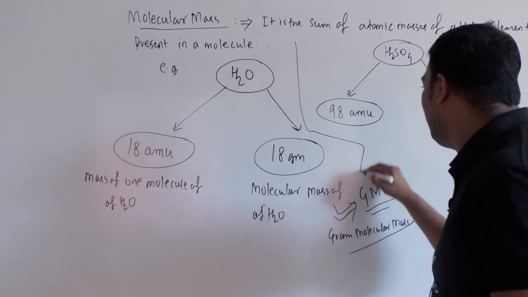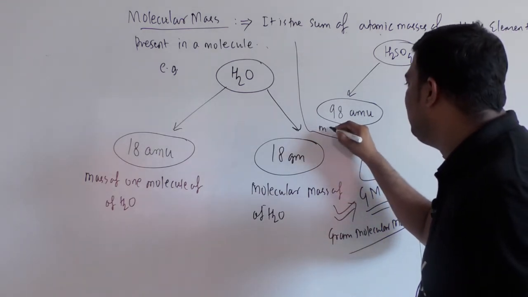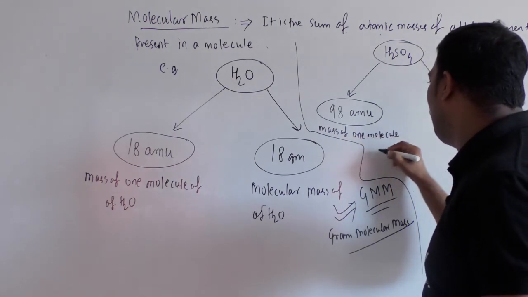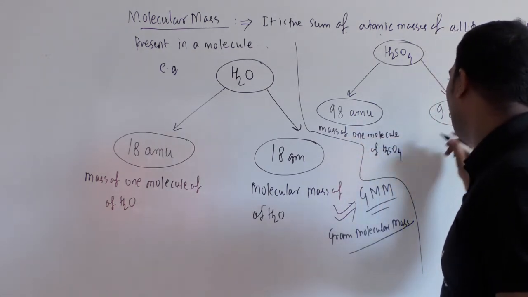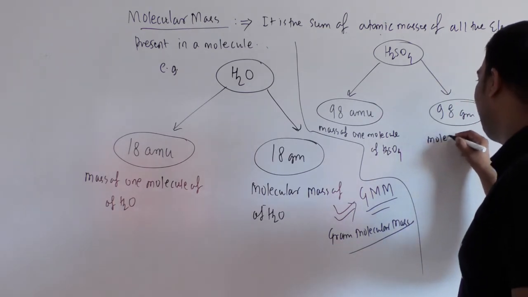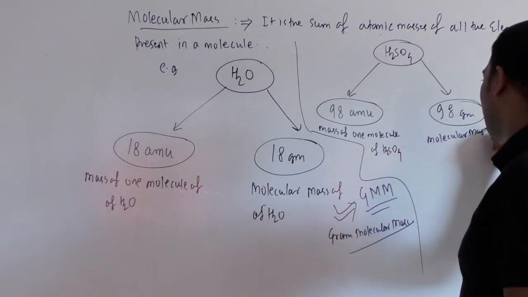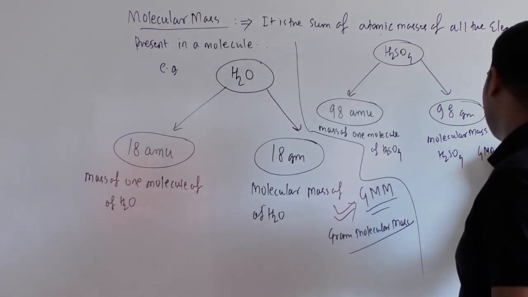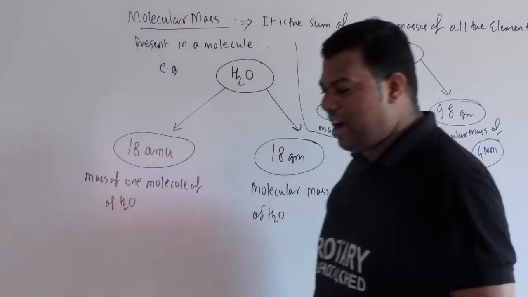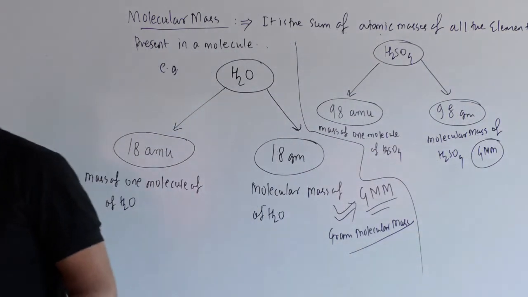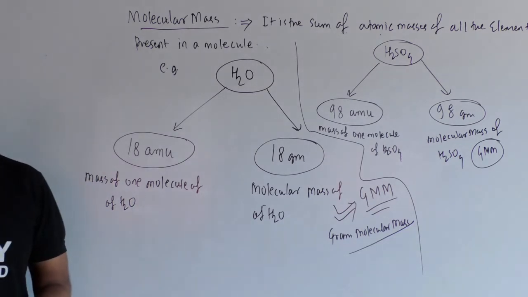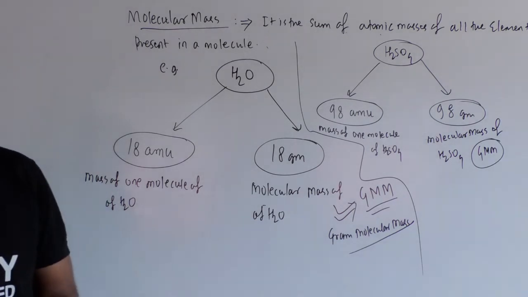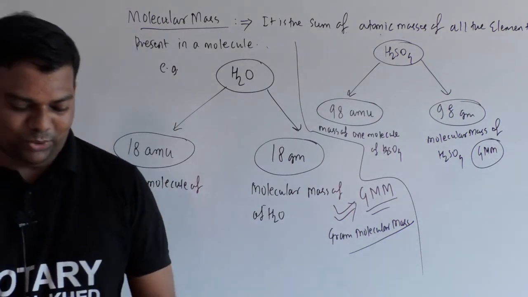Okay, so beta, I will write it like this here: mass of one molecule of H2SO4, and this is the molecular mass of H2SO4, that is we call it GMM, gram molecular mass. So beta, I hope you understood this thing clearly.